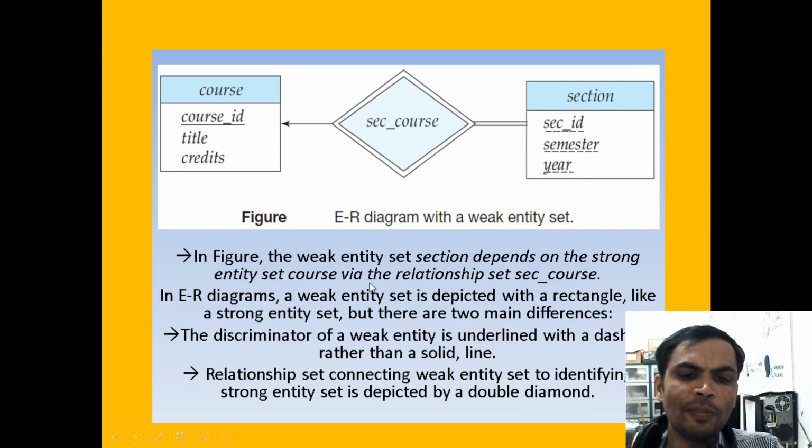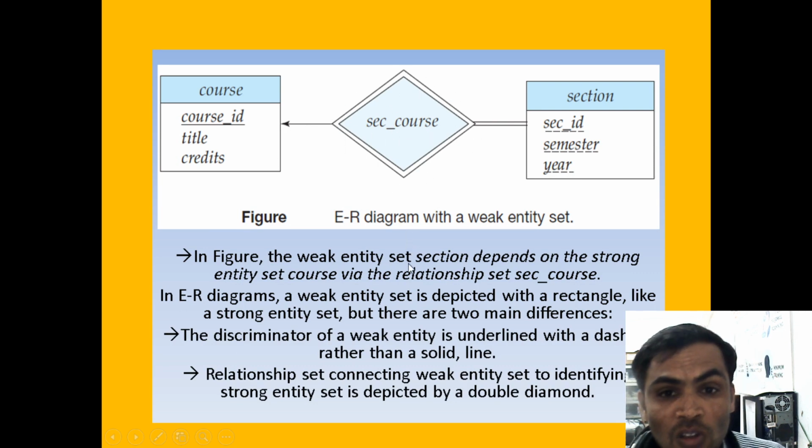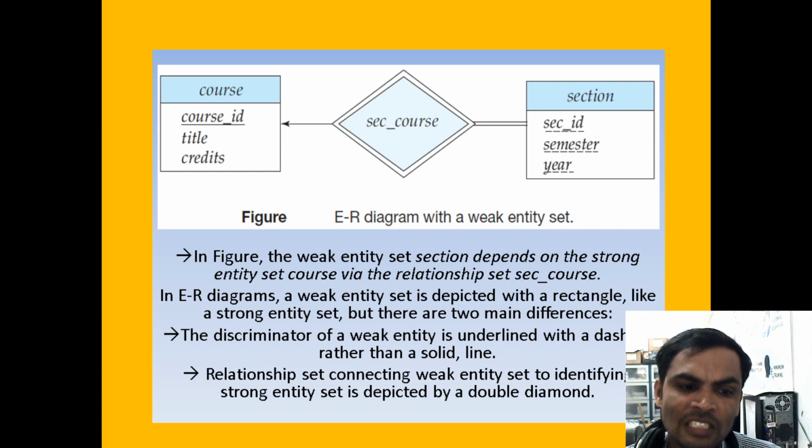Now if you want to represent a weak entity set on the ER diagram, based on your requirement we should define your weak entity set. At the time of designing the database, if you want to use the pictorial representation of the ER diagram, we should use the weak entity set in this way.